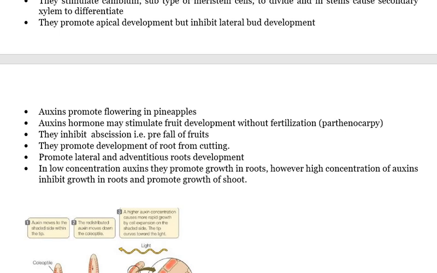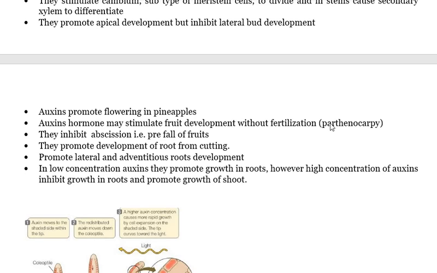And then from there we have Auxin promote flowering in pineapples. Promote flowering in pineapples. This is different from what we call parthenocarpy, ambapo tunasema kwamba Auxin hormone may stimulate fruit development without fertilization. Fruit development without fertilization. As we know in the plants, we need to do fertilization first, and later after fertilization we will have the fruit development.